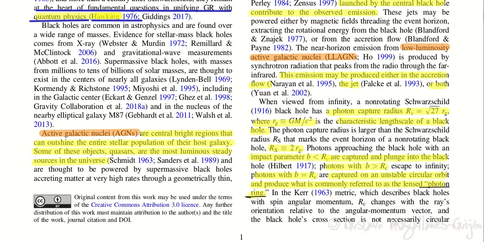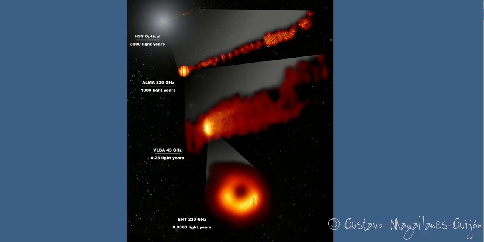There are many kinds of black holes, but the black hole of M87 is a supermassive black hole, and this is a kind of active galactic nucleus. What is an active galactic nucleus?